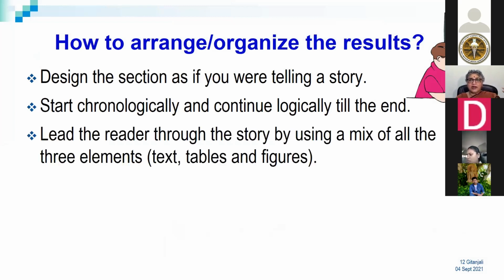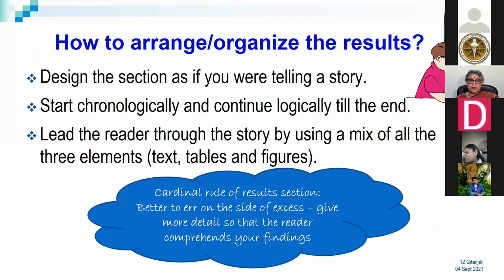Then you lead the reader through the story by using a mix of all three elements: text, tables, and figures. The cardinal rule of the results section is that it is better to err on the side of excess, so that you give more detail and the reader can easily comprehend your findings.